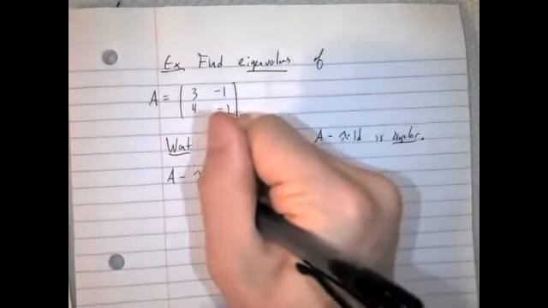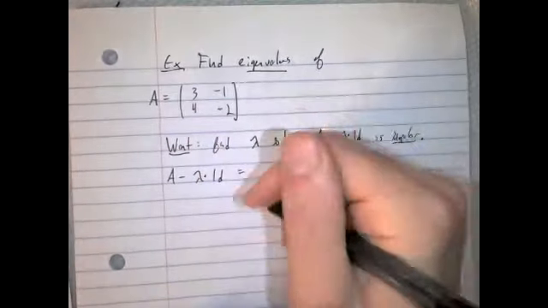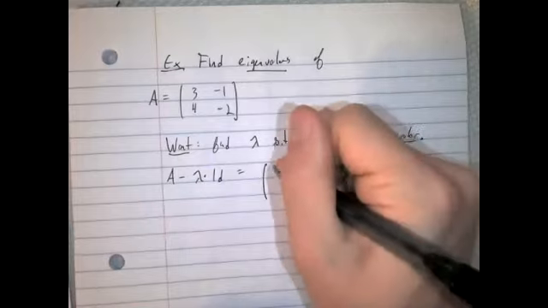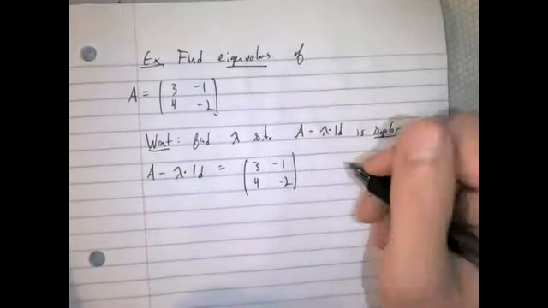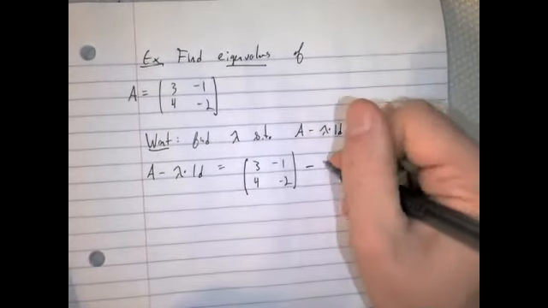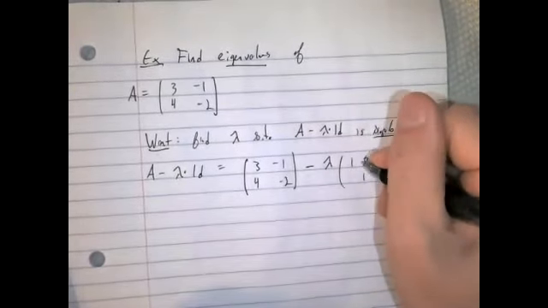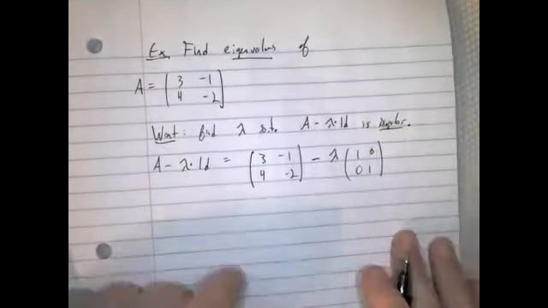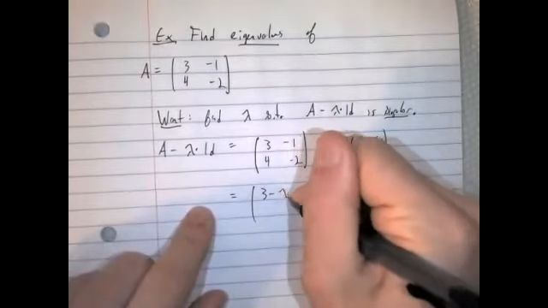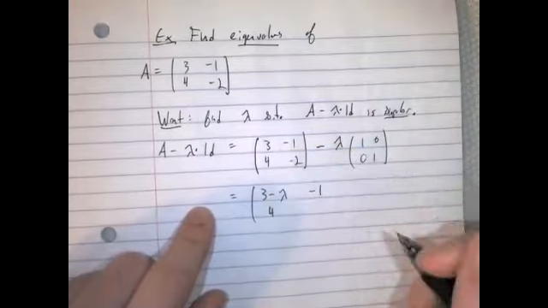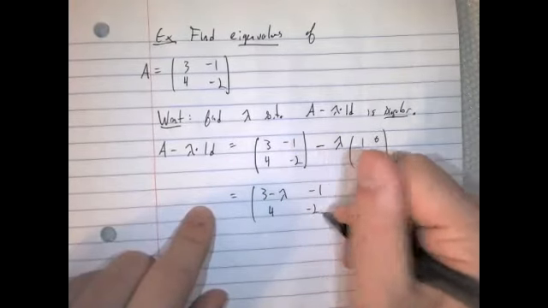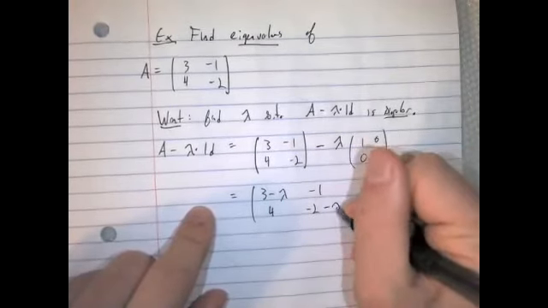A minus lambda times identity is equal to, in this case, the matrix 3, -1, 4, -2, minus lambda times the matrix 1, 0, 0, 1, which is equal to 3 minus lambda, -1, 4, -2 minus lambda.